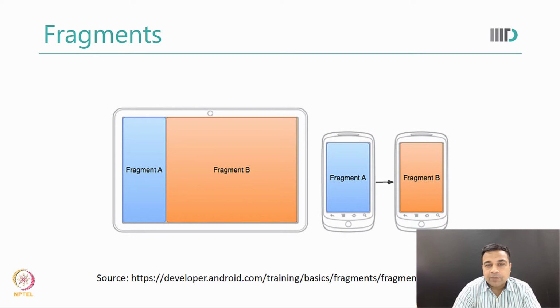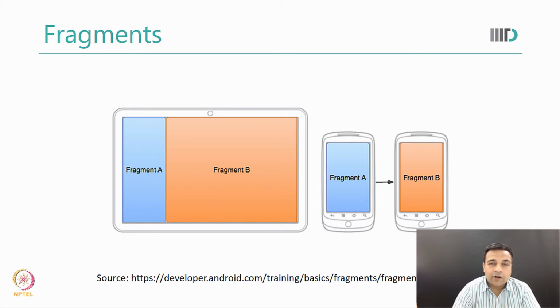Suppose you have a very simple application which displays your name as a list, and when you click on any of the names, it displays basic information. Let us say your photograph, your name, your roll number, your program that you are studying, etc. So there is a list of names, and for each name there is detailed information.